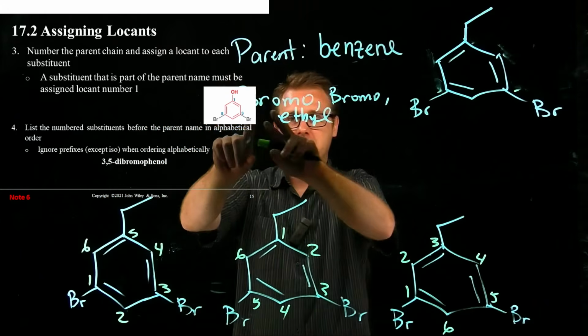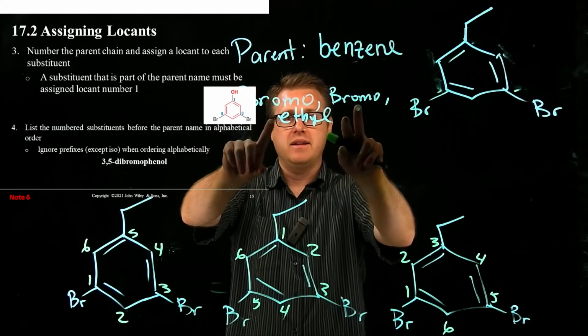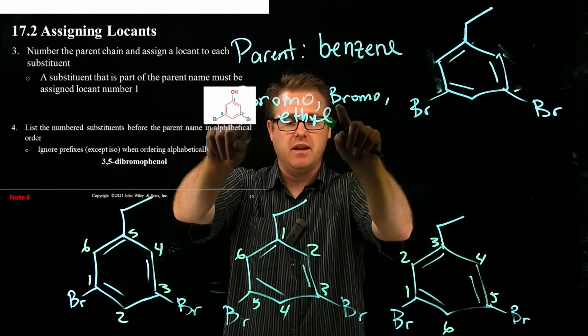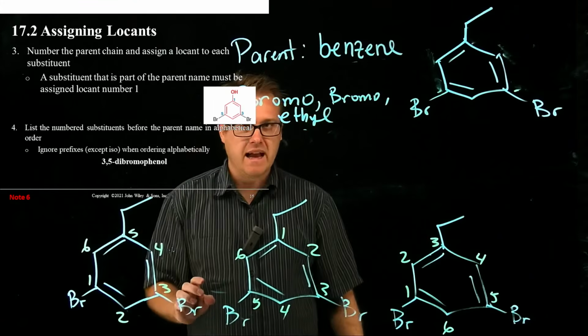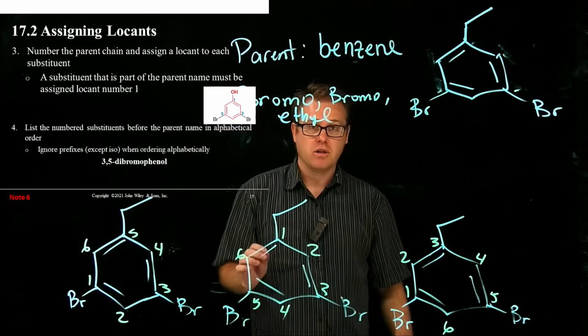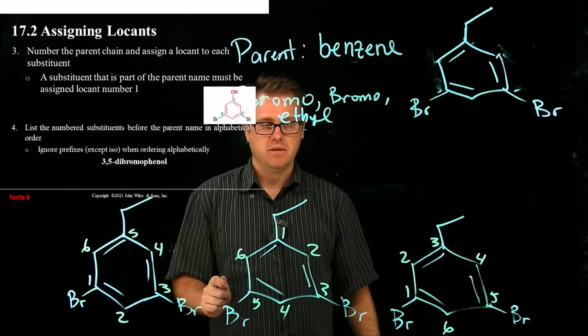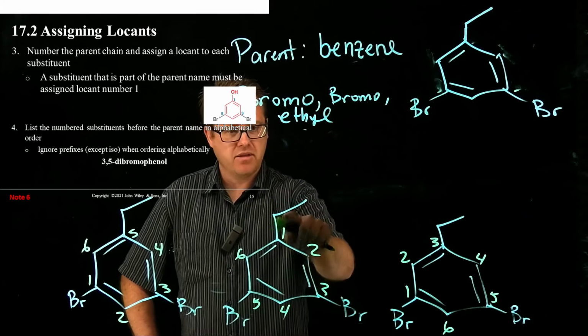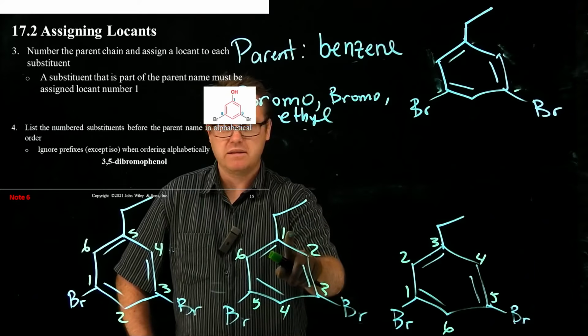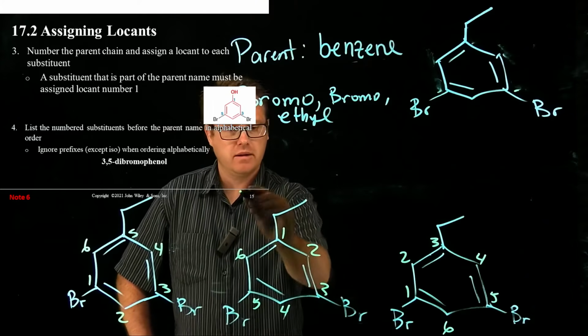So when I look at my substituents, I clearly see B comes before E. So the bromines have to have the smaller locator number. So I see this one in the middle, the ethyl group has locator number 1. So that one's no good.